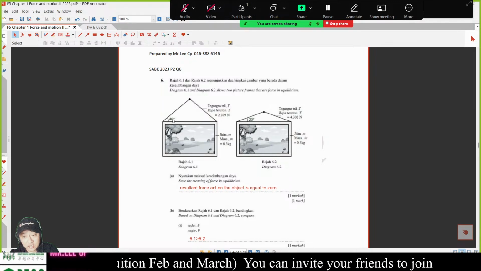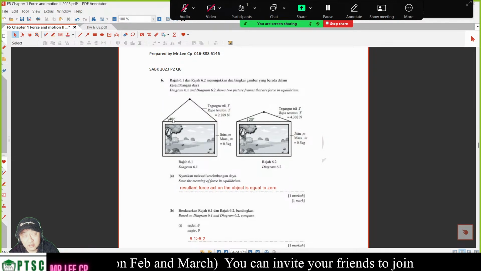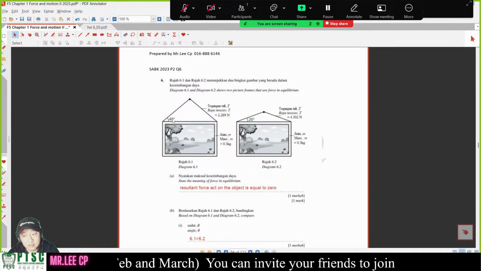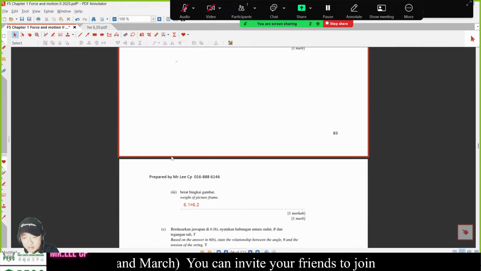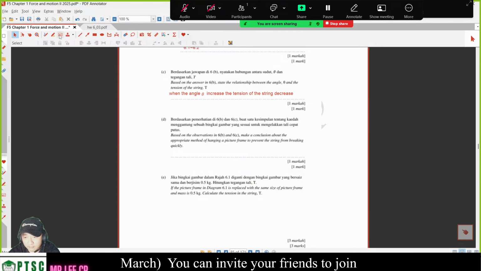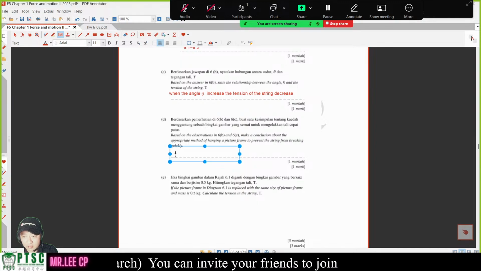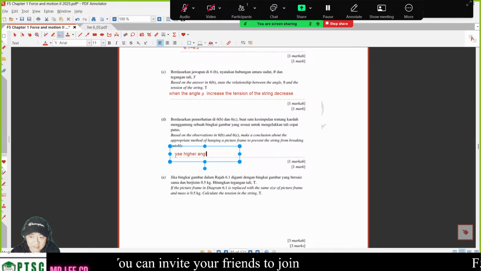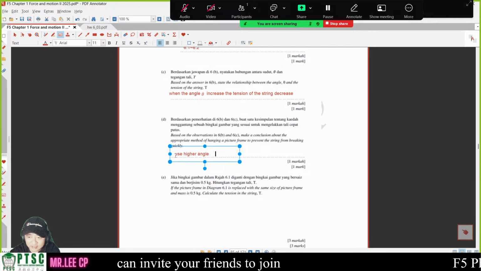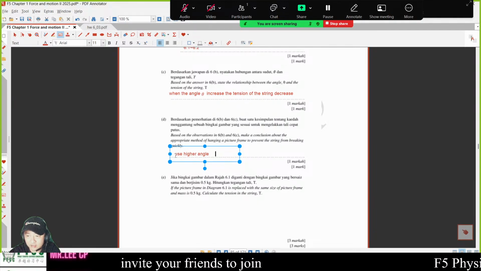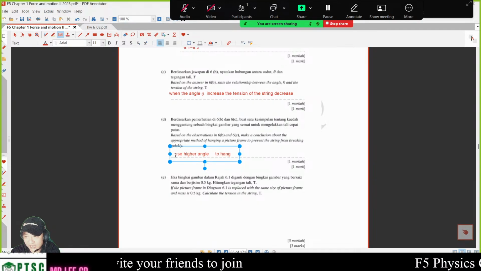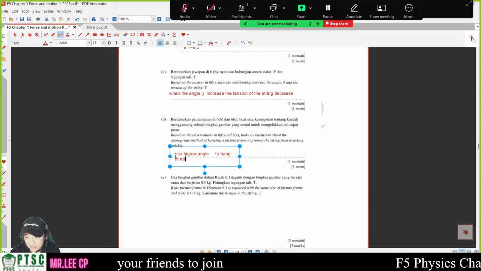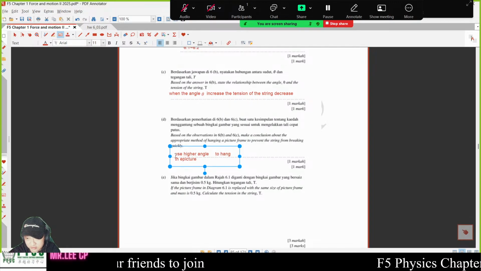Use a higher angle theta to hang the picture frame.